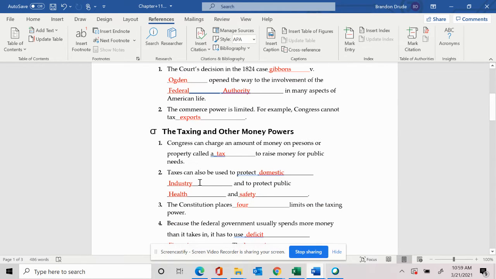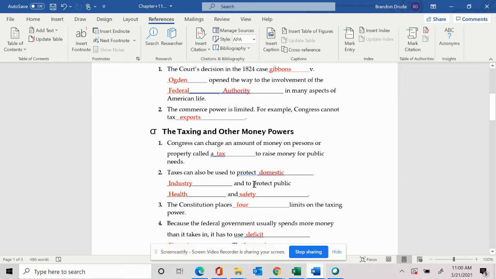Now, speaking of taxes, Congress has the ability to tax. They collect money for public needs. But they can also use taxes to protect domestic industries, like oil, things like that.